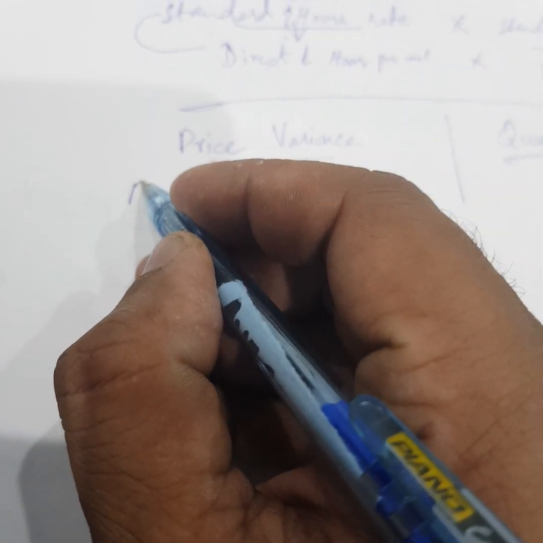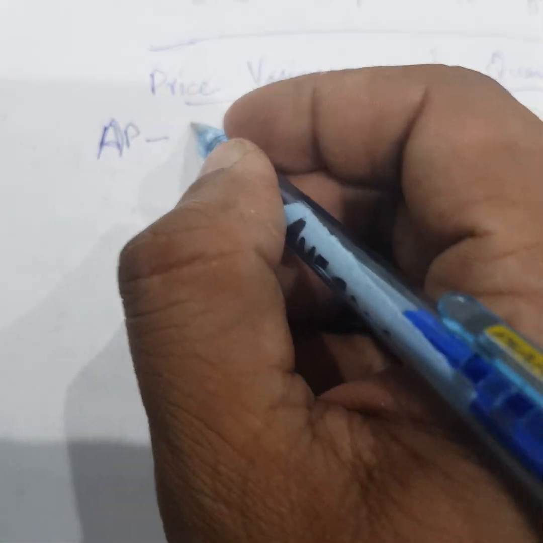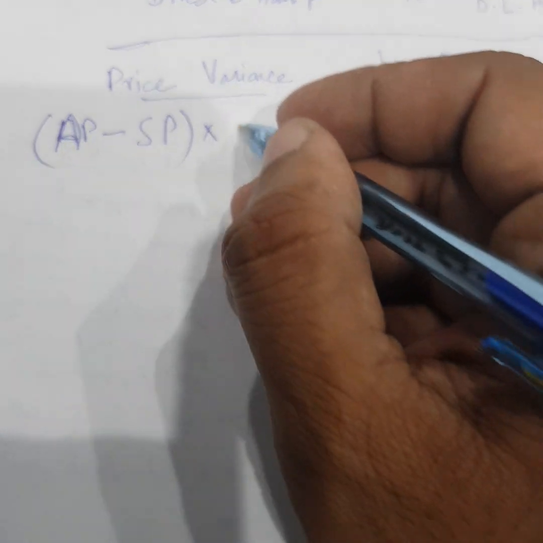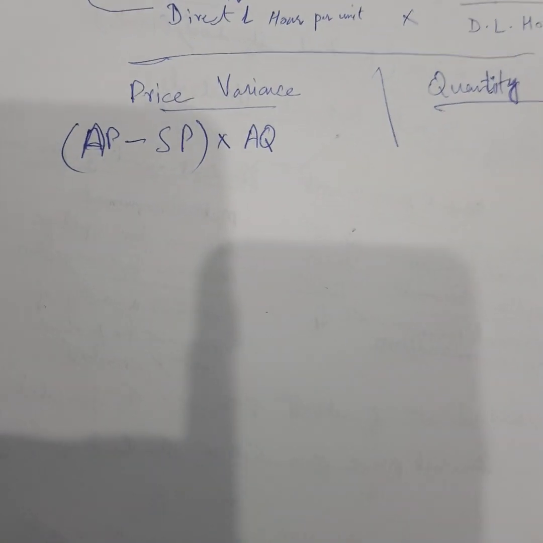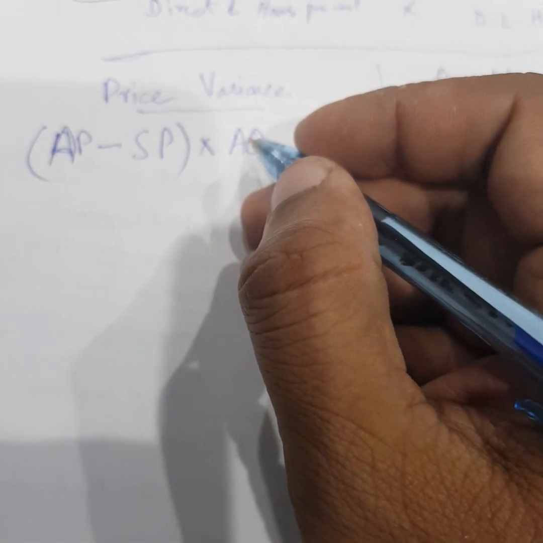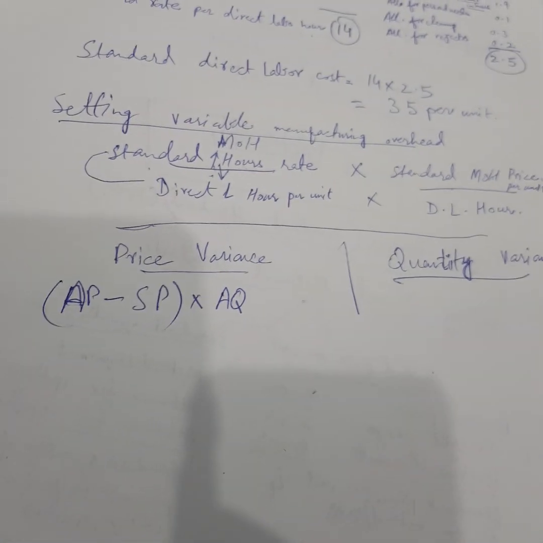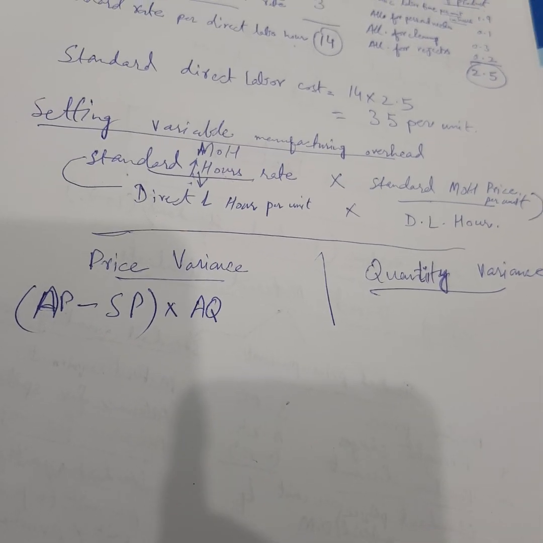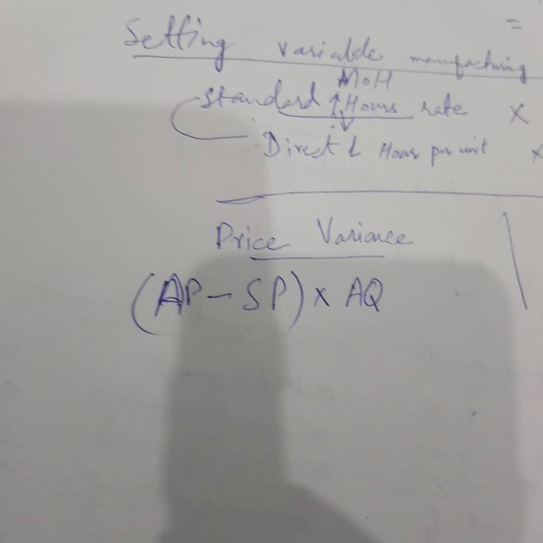We will take the difference of actual price and standard price, and multiply this difference with the actual quantity.